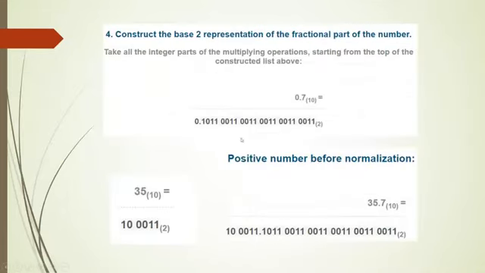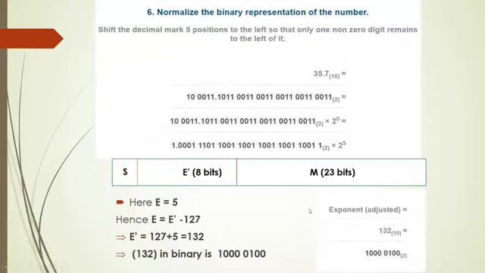This is what we get as 0.7. So in total we represent 35.7 as this value, that is 35, and this is the 0.7 in binary. This is what it looks like. This is 35, and this is my 0.7, which I have already shown in the previous slides.